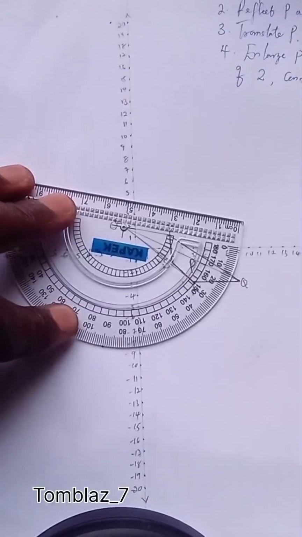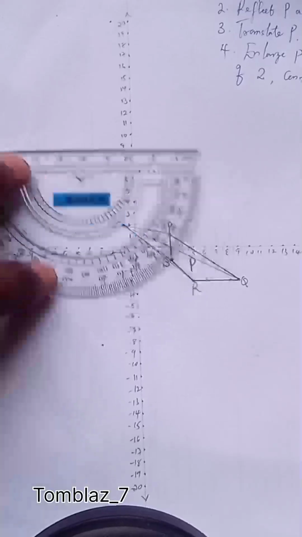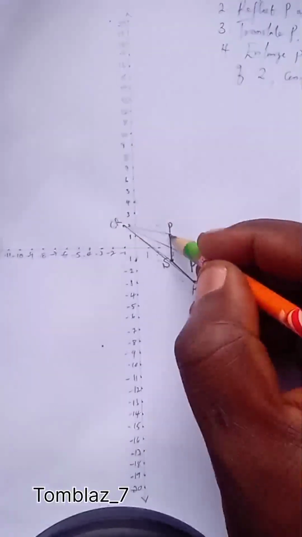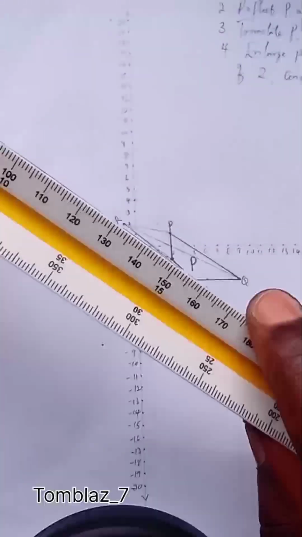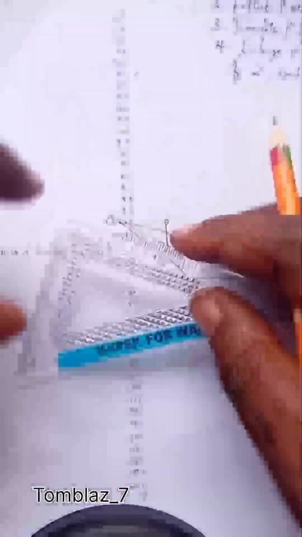But then let's find the exact position of P. How do you get the exact position of P? So you have to measure the distance of P from the center of what? Rotation. So let's measure it. All right, so let me just use this one since it's transparent.